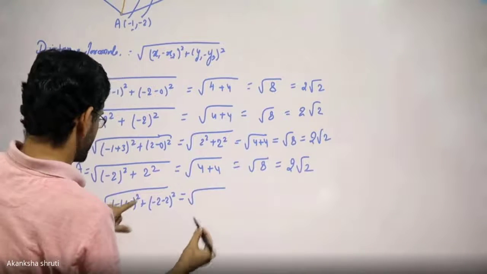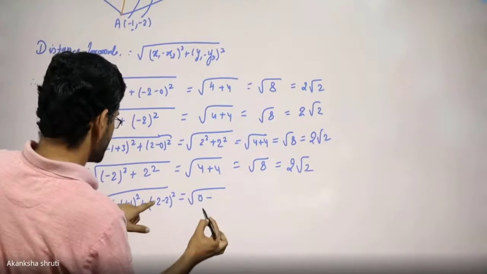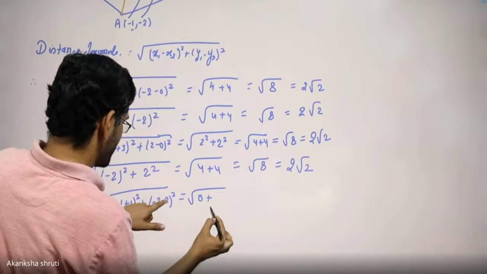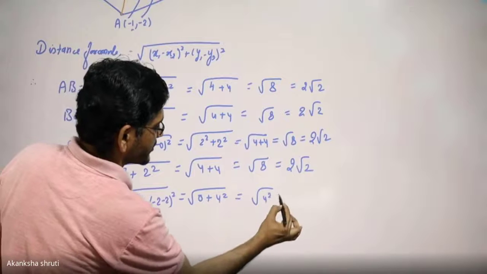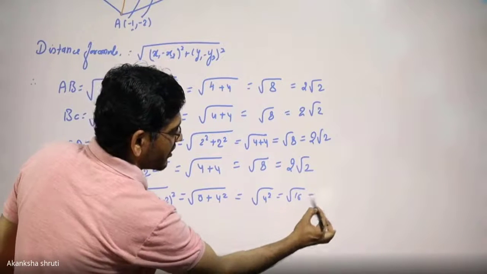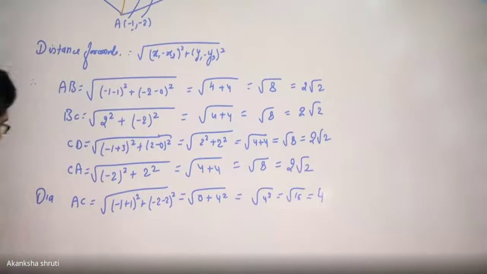This is 0 plus 4 square, under root 4 square, or under root 16, or this is 4, one diagonal.